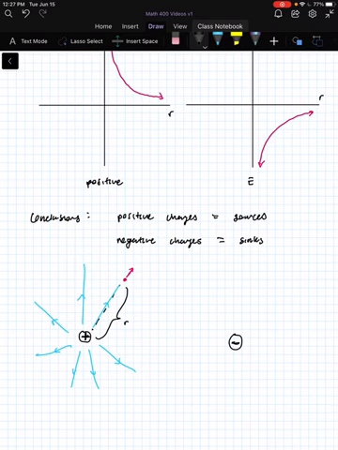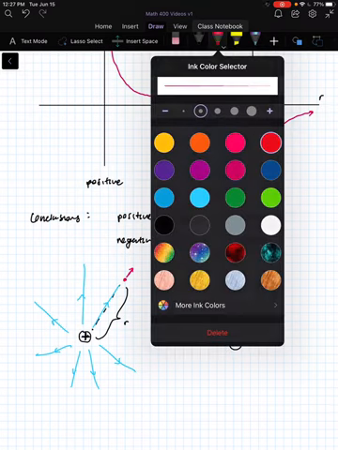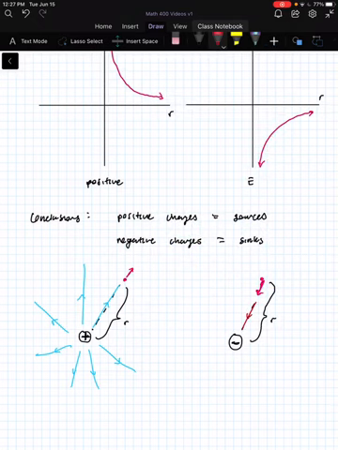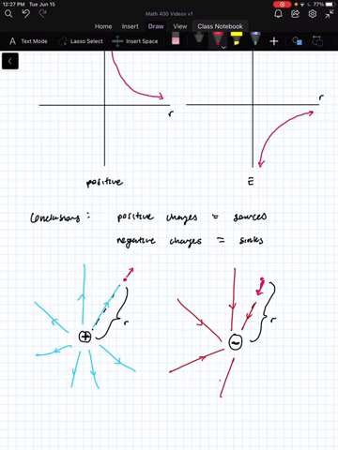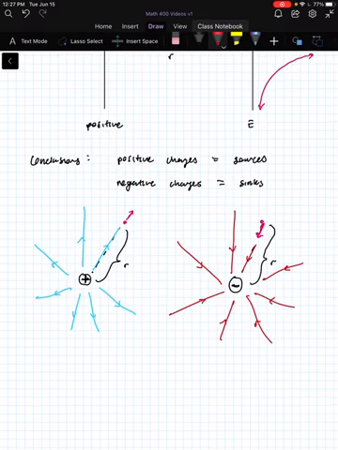But for a negative charge, the same particle at the same distance, r, is going to feel a negative force pulling it toward the point charge, the electron. And this tracks experimentally with what we know about classical electrostatic fields.